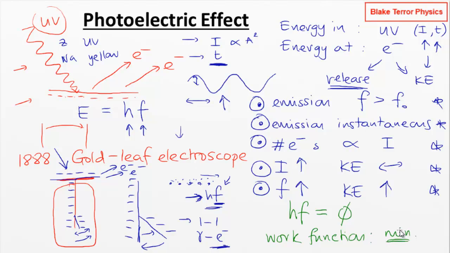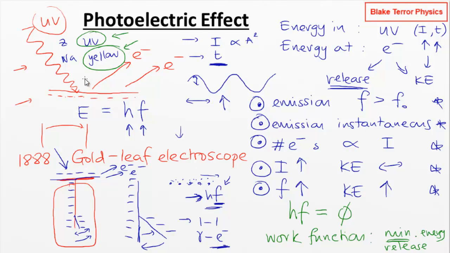And it's important that this is the minimum energy required for release of an electron from the surface. So that's our work function. And this varies from metal to metal. We can see here for zinc, the fact that you need UV means the work function is going to be greater than for sodium when it's yellow. Zinc needs more energy in UV than sodium does in yellow.